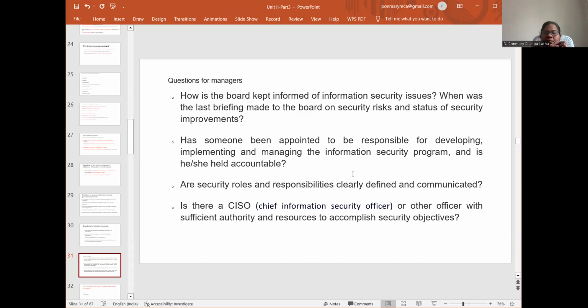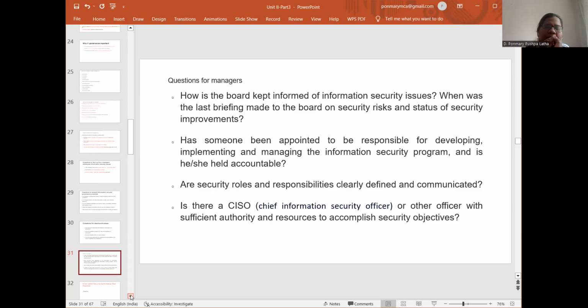Is there a chief information security officer or other officer with sufficient authority and resources to accomplish security objectives? Really, they have the authority to implement the security measures.